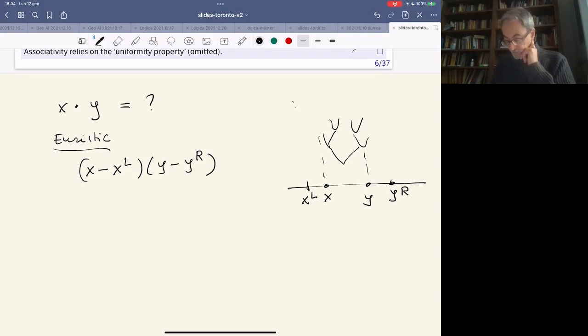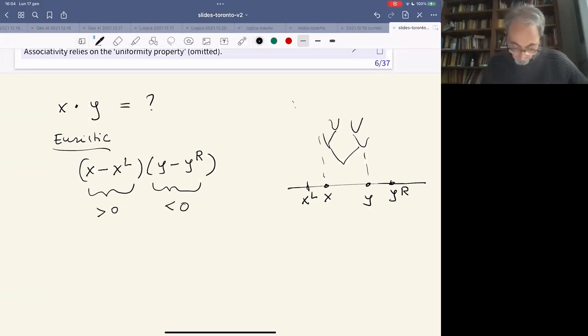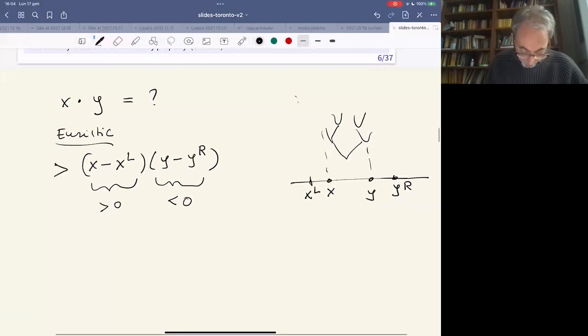Y maybe it's here, and yr is here. Okay. X minus xl should obviously, if everything works well, be positive, sorry. And this y minus yr is negative because you are subtracting something bigger from something smaller. So the whole thing should be negative, right?